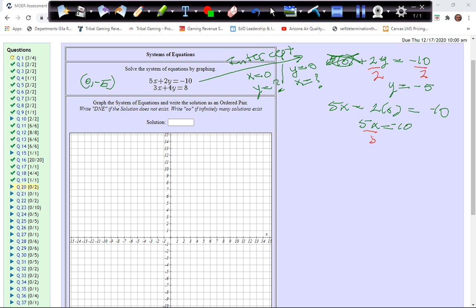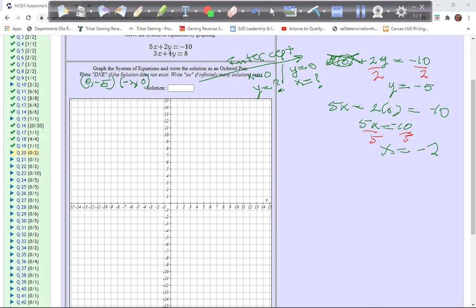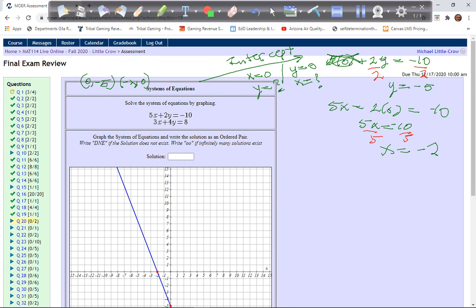Divide both sides by 5, and that gives us x equals negative 2. That's when y is 0. So the other point we get is (negative 2, 0). We'll plot those 2 points and we'll have the first line. So (0, negative 5), and then (negative 2, 0). There's the first line.